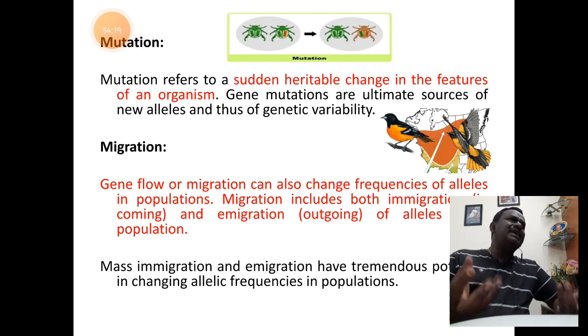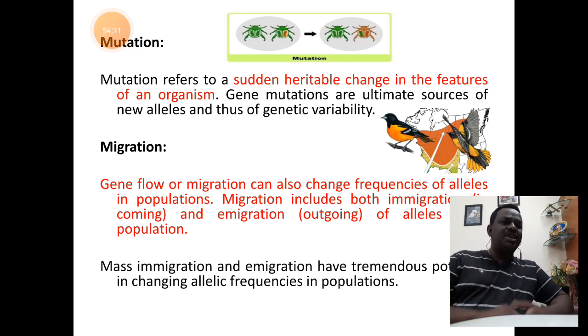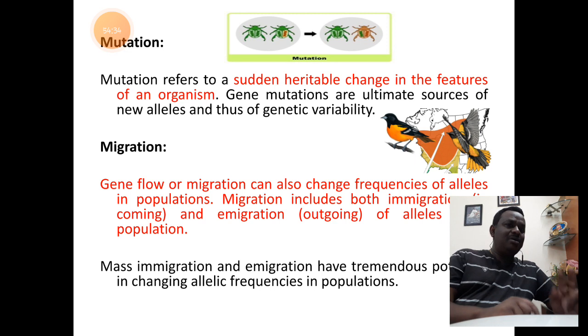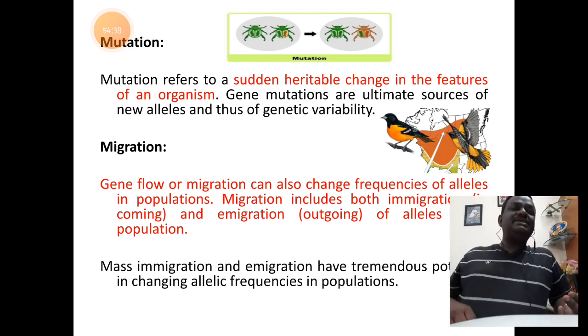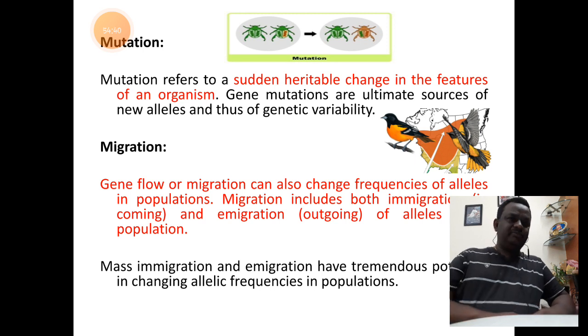It is the DNA that undergoes a sudden change in the nitrogenous base. So the gene itself will change, and genetic variability is seen. You can see here two green insects all of a sudden form a brown individual. This is what we call a mutation.